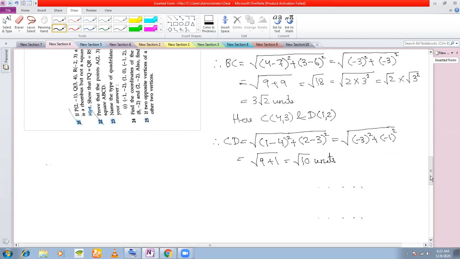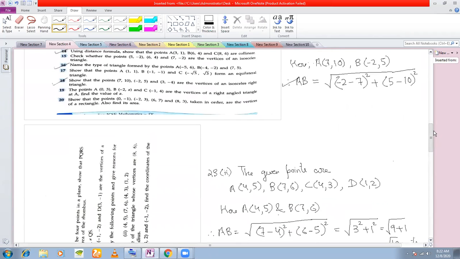And the last distance is, let us draw a quadrilateral and try to have an idea of the coordinates. Any quadrilateral you draw. So you have your A (4,5), B (7,6), C (4,3) and D (1,2). We have already calculated distances AB, BC, CD. Now it's AD's turn.